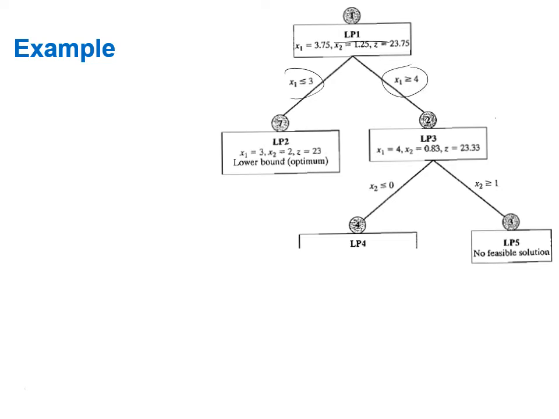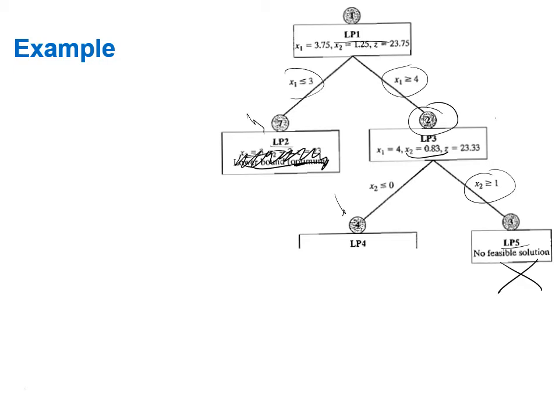Then arbitrarily I selected this one, and I found that X2 is not integer and branched it into two, and I selected this side, and I found that this LP has no feasible solution, so I fathom this part. Now this one and this one are open. We don't know this solution yet.